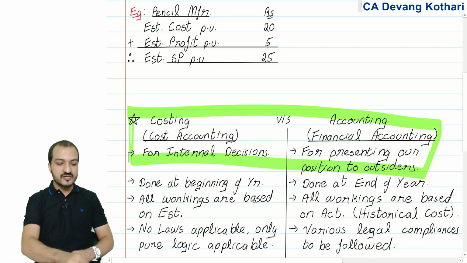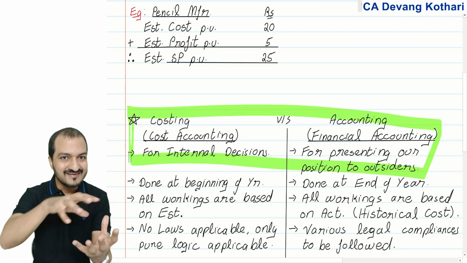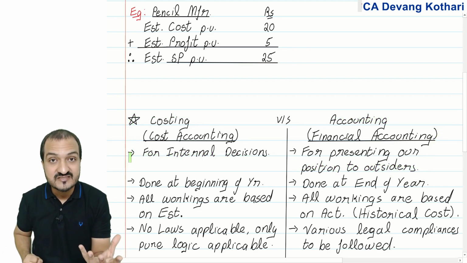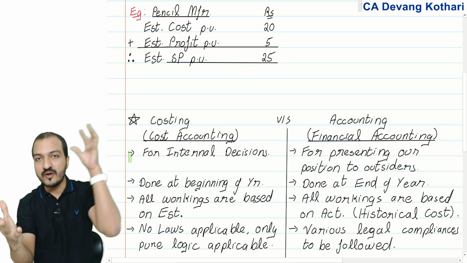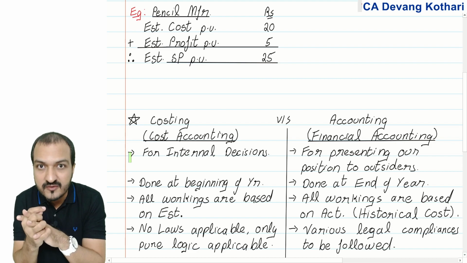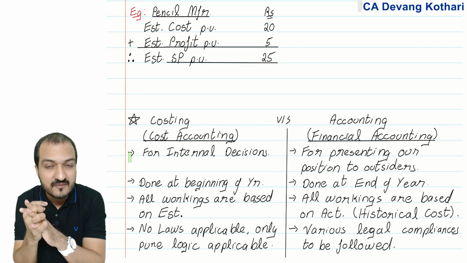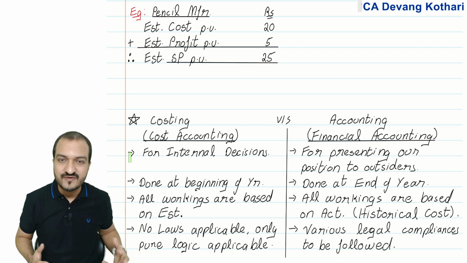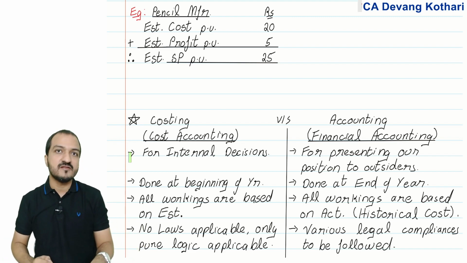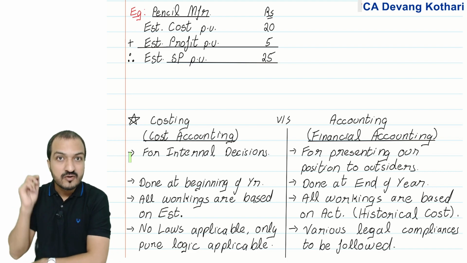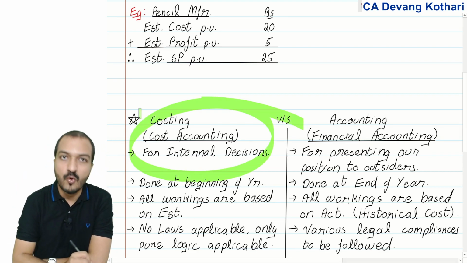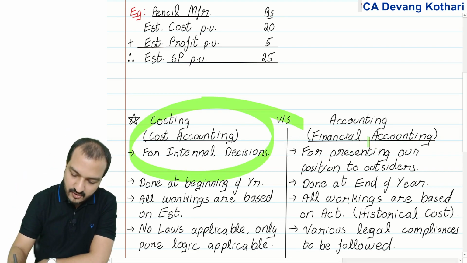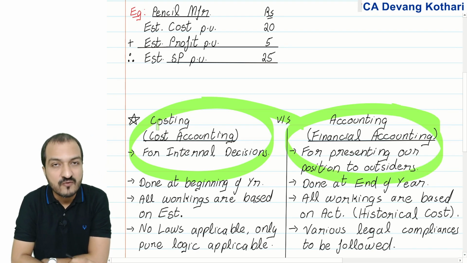See, I'm doing this discussion just so that I can remove the accounting mindset from you people and put you into the costing mindset. In fact, while doing various chapters in the syllabus at various points of time, I will keep on reminding you what we are doing in cost accounting, and how it is different from financial accounting.